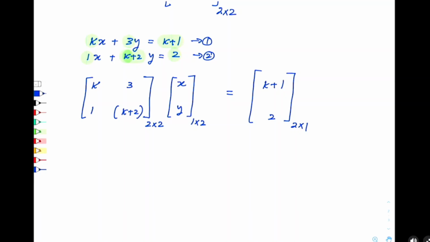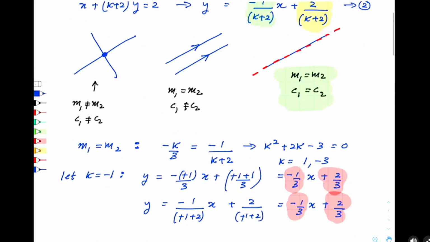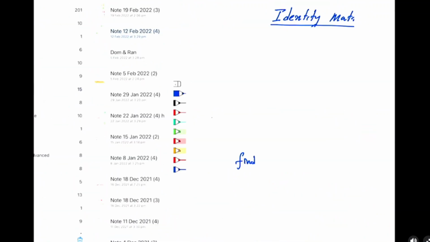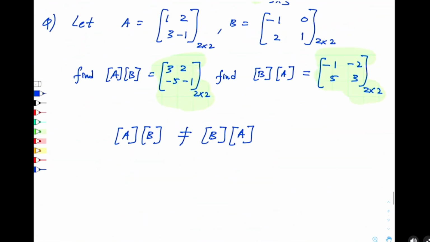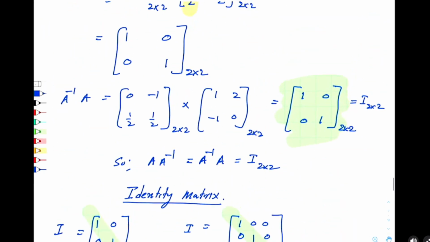I did a deliberate mistake here. Oh, the order, right? Yeah. You can't do matrix multiplication unless there is a condition. What is the condition? The second number of the first one should be equal to the first number of the second one. Let me show you.